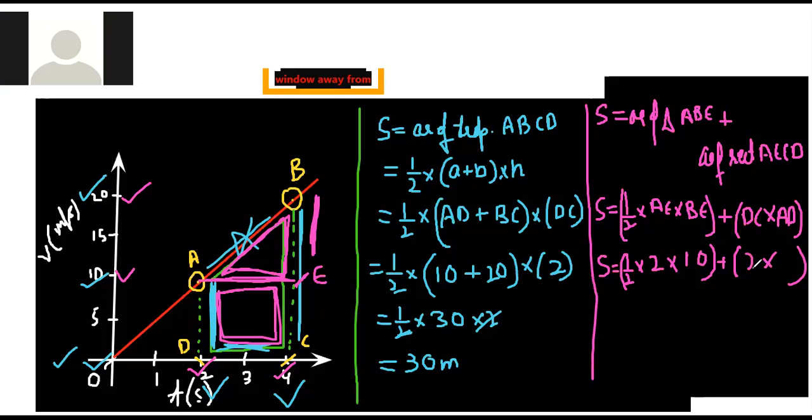Multiply by AD. AD goes from 0 till 10, so it is 10. Now you are going to cancel. 2 cancels with 2. What you are left with? 10 plus 2 multiplied by 10 is what? It is 20. So you are having the displacement as 30 meter.